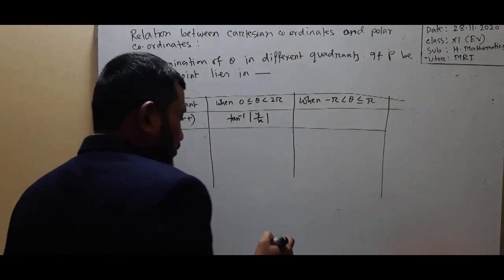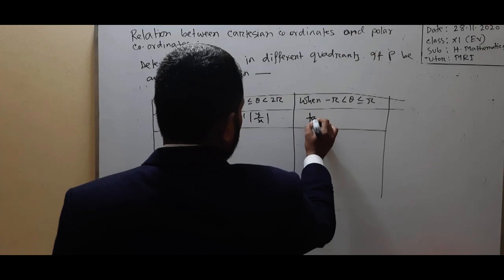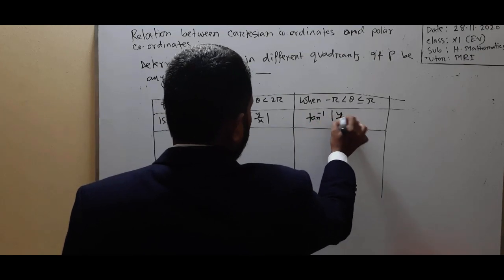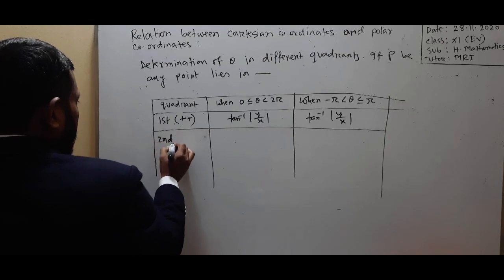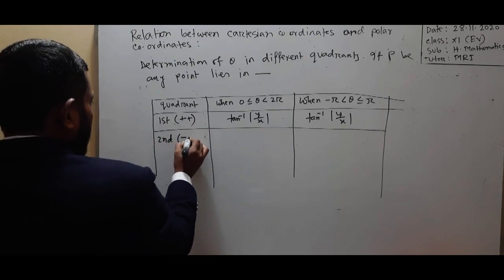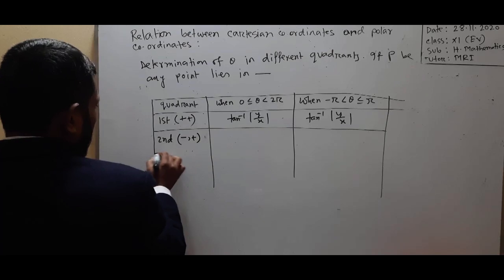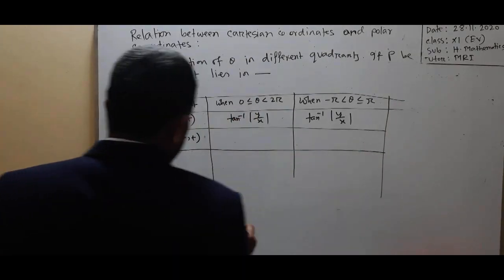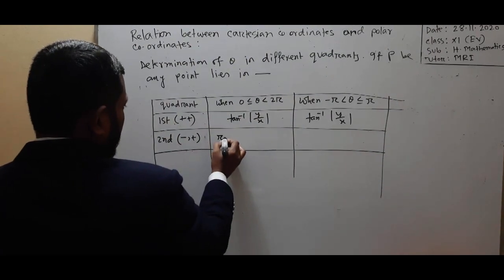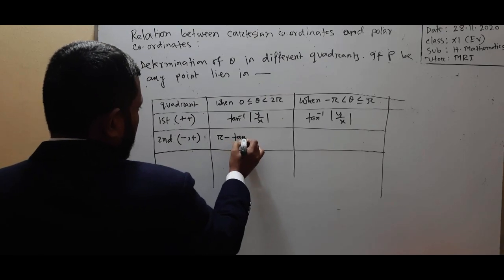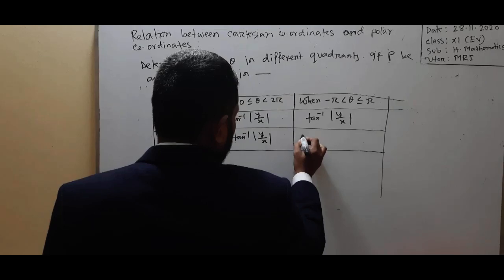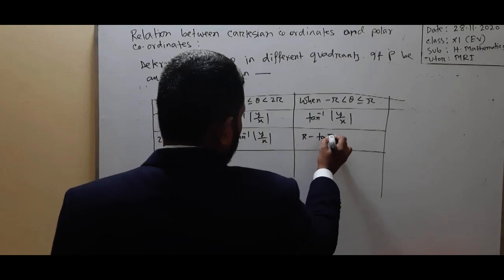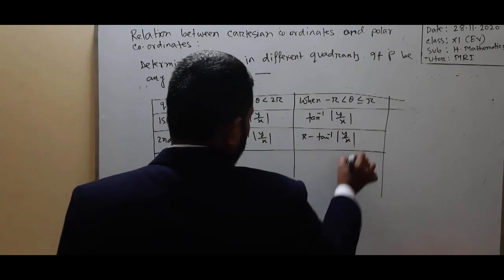Here this also will be the same, tan inverse modulus y by x. Second quadrant: here abscissa is negative and ordinate is positive. The value of theta here will be pi minus tan inverse modulus y by x, and here this also will be the same, tan inverse y by x.